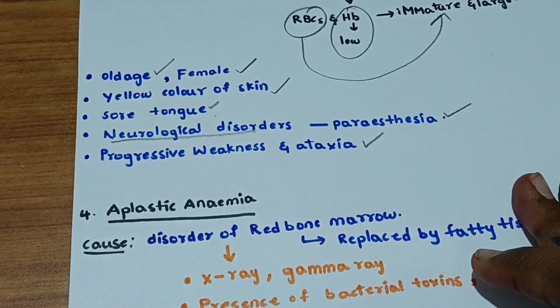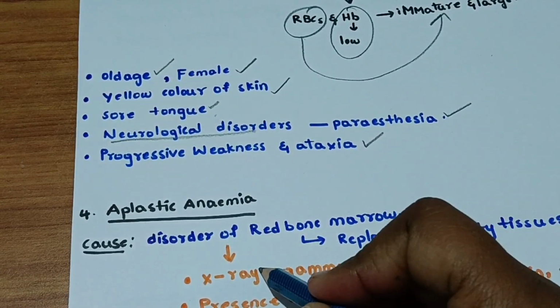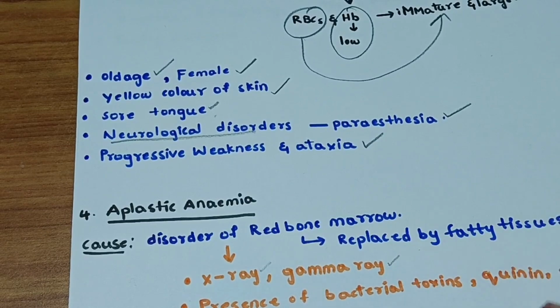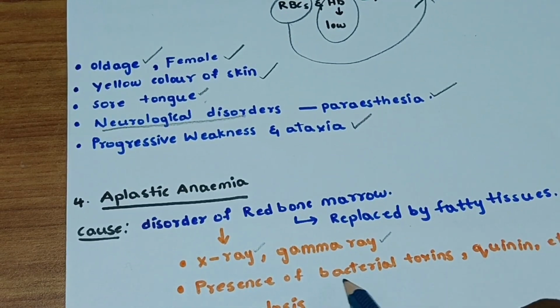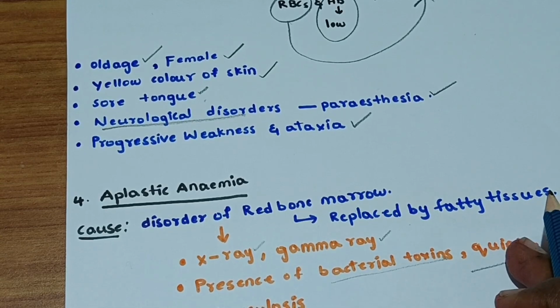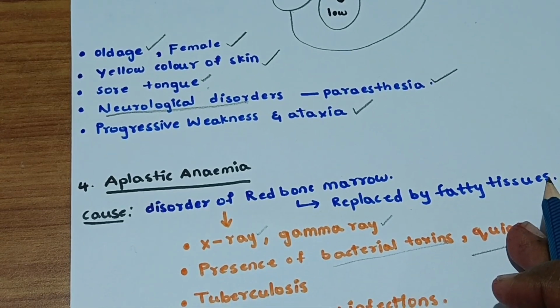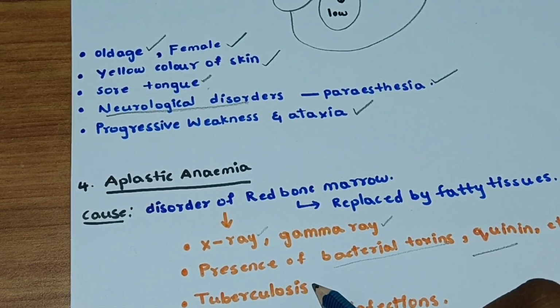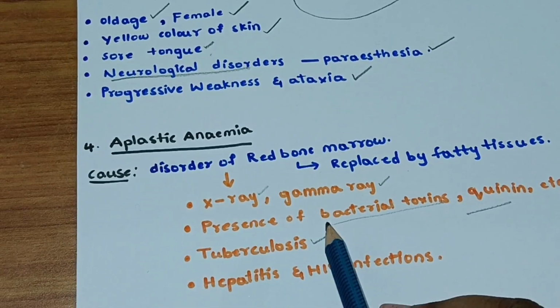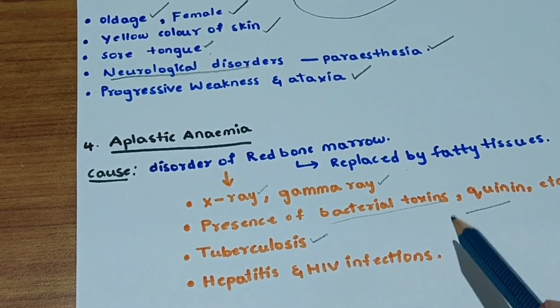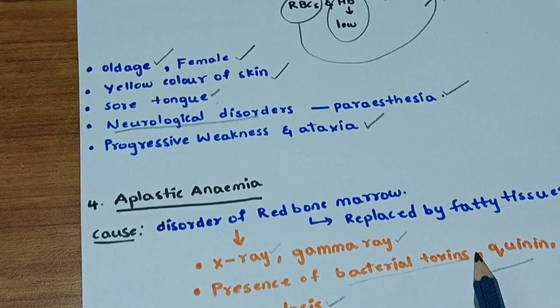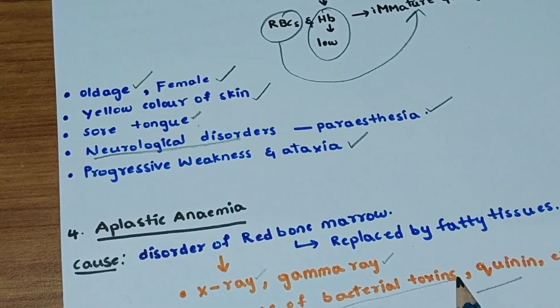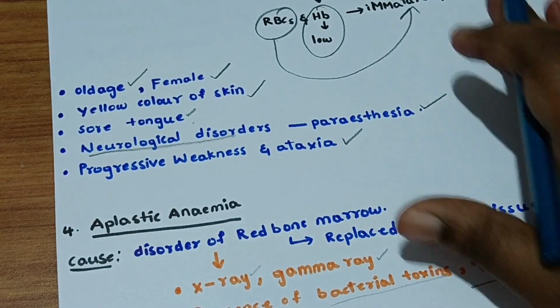These are excess exposure to X-rays and gamma rays, bacterial toxins and quinine, and bacterial and viral infections and carcinomas like tuberculosis, hepatitis and HIV infection. In these conditions, the red bone marrow is replaced by fatty tissue, resulting in aplastic anemia.